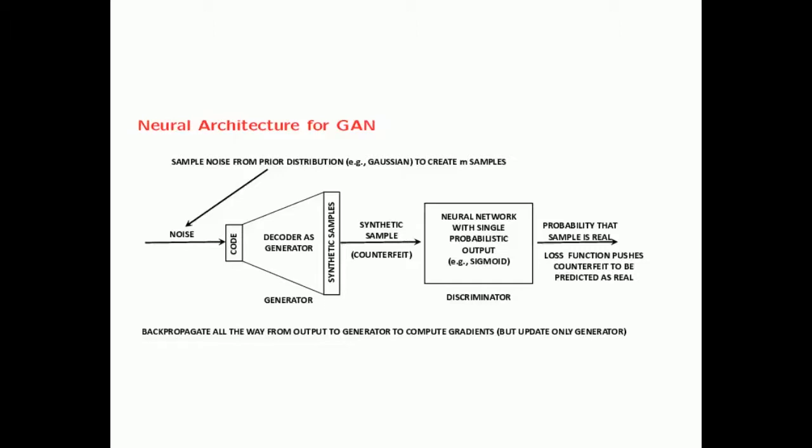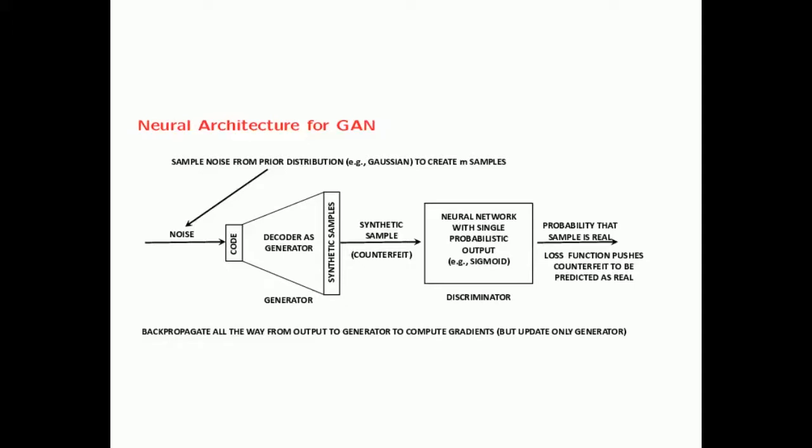This synthetic sample which was created by the generator, you want it to be as real as possible, so the loss function will push the counterfeit to be predicted as real. When you do backpropagation on this hooked up network, you're only going to update the parameters of the decoder, which is the generator.